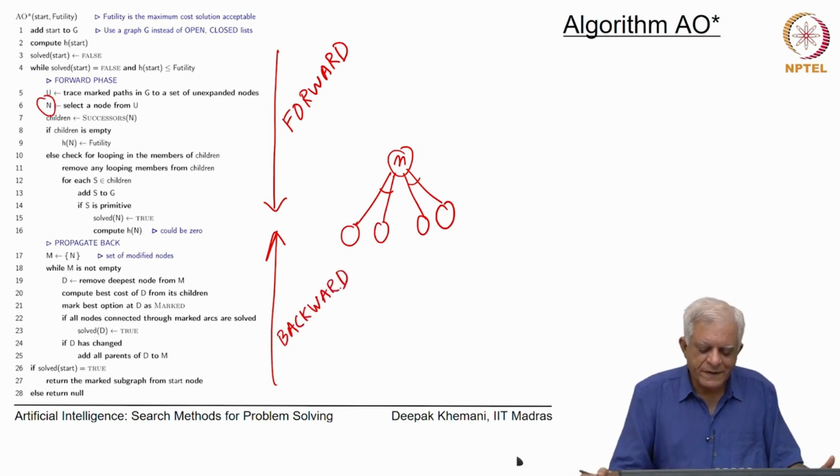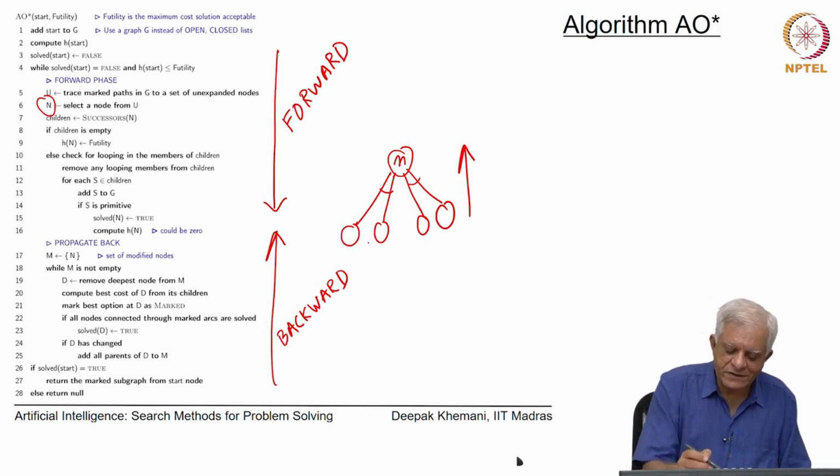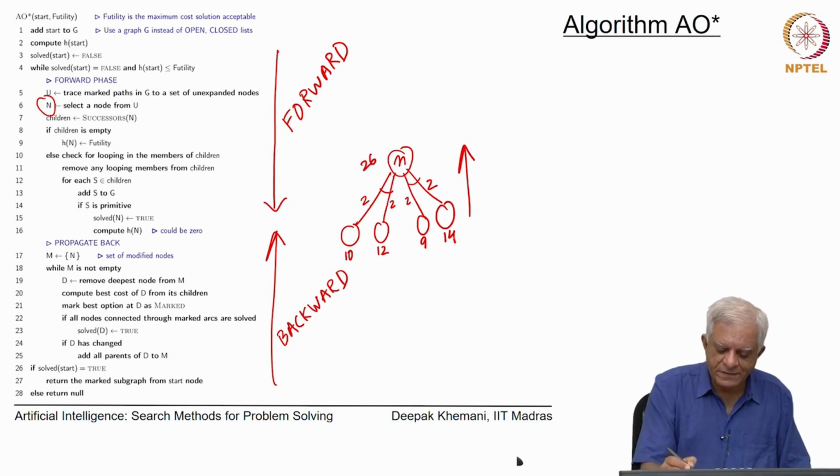In the backward phase, it backs up the values from the children of n. So, first it will decide what are the costs associated with the children. So, let us say if this cost is 10 and this cost is 12 and this cost is 9 and this cost is 14, and if the h cost is, let us say for the sake of argument, all 2. So, then this is 10 plus 12 22 and 4 26 and this is 9 plus 14 23 plus 4 is 27.